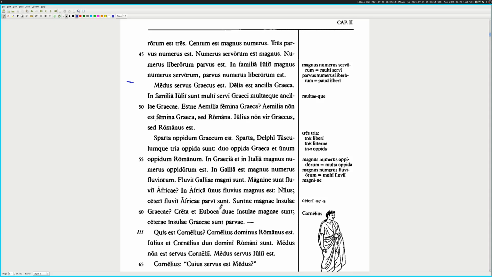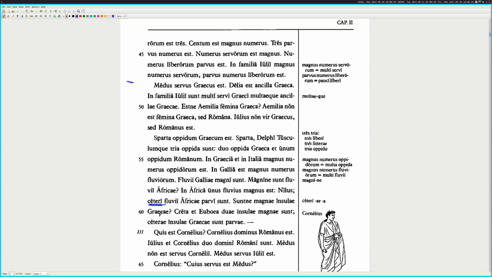Yeah, in Africa there's one big river, which is the Nile. Ceteri. What does Ceteri mean? Ceteri fluvii Africae. Okay, etc. The rest of the rivers in Africa, there are a small number, something like that. Okay, are there many islands in Greece? Cetera, I don't know what this means.